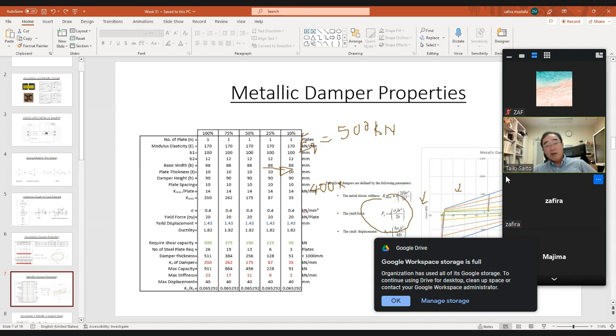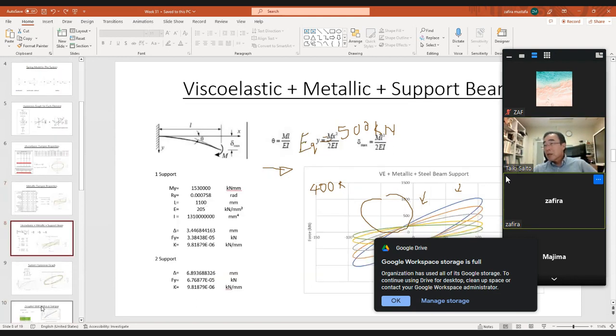What is the capacity of the supporting beam? It should be more than the metallic damper. So here is the size, 700 by 350. And from Strat 3D, I get the MY equal to this one.